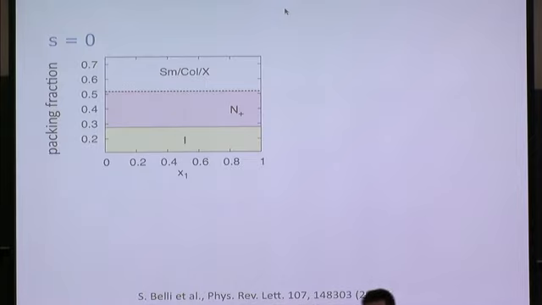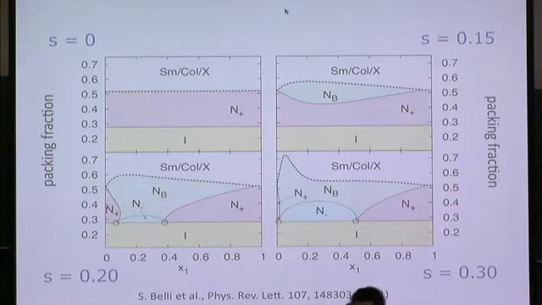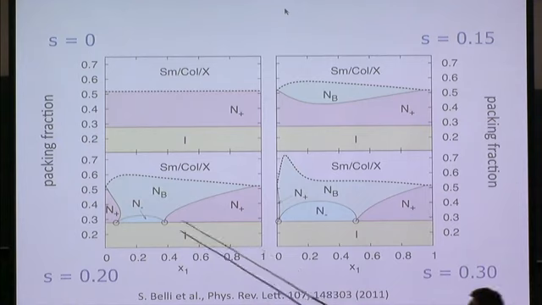When we increase the size asymmetry, we have, first of all, decreased stability of smectic phases, as suggested by the work by Professor Vanakaras. But furthermore, there is another effect, a decreased stability of N plus phases. And if we go even further, you observe a qualitative change of the phase diagram with the appearance of these Landau critical points, which appear as a result of the competition between N plus and N minus ordering.